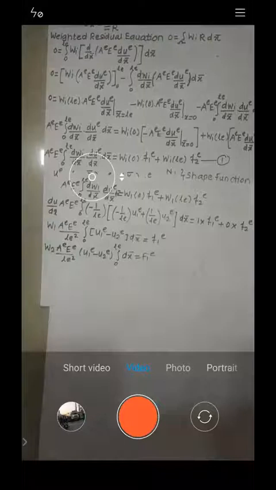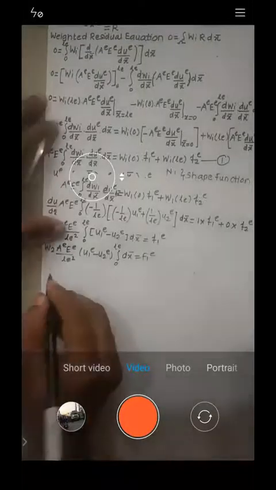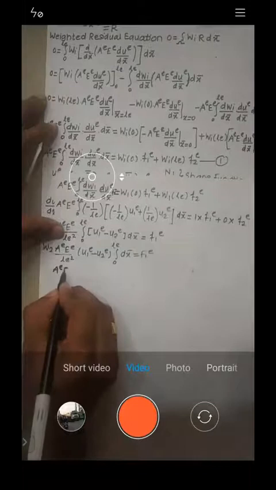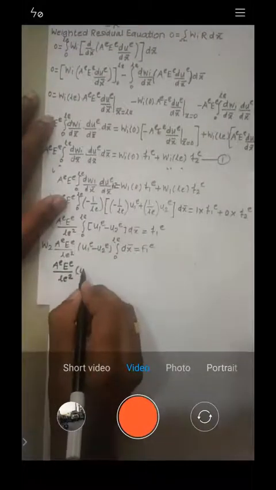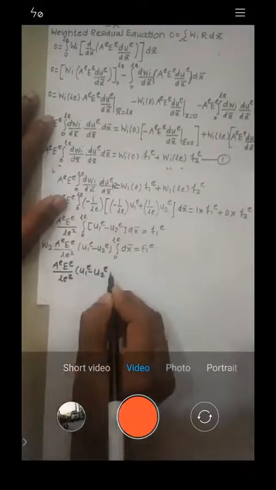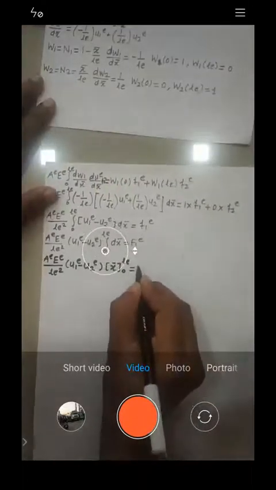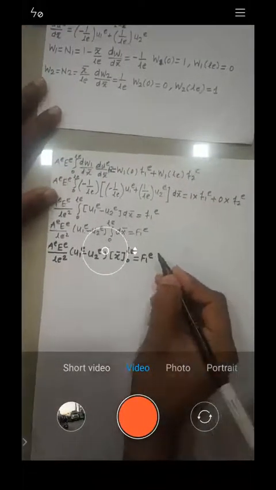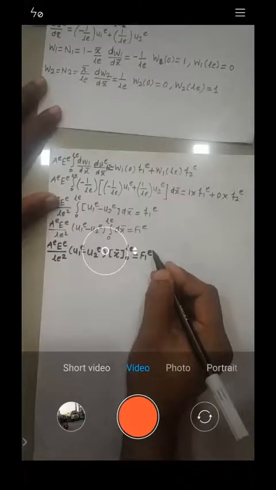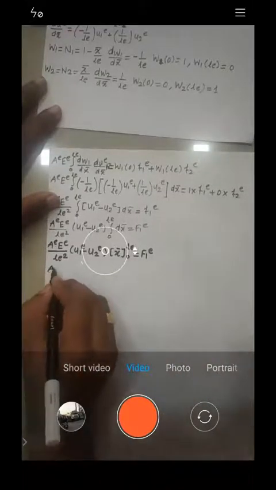Understood? Yes or no? Now see here, what will you get? AE, EE by LE square into U1E minus U2E, right? And now what is the integration of dx bar? Tell me. It is x bar, na? For limit 0 to LE. Is it okay? So is equal to F1. Understood? Right? See, I am writing each and every step.